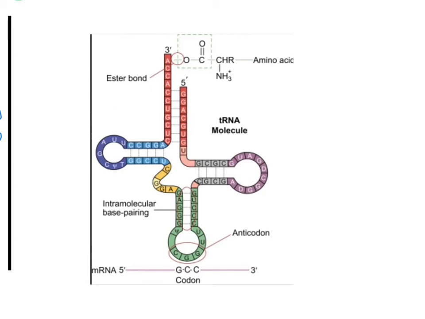So two important parts of the tRNA that I want you to pay attention to, and number one is what we've already discussed, which is this anticodon business. And so I want you to imagine that, here is our mRNA strand, and what's not written, but we can sort of assume is there, is our ribosome, the larger and then the smaller subunit.